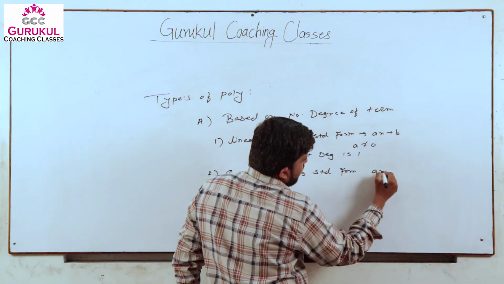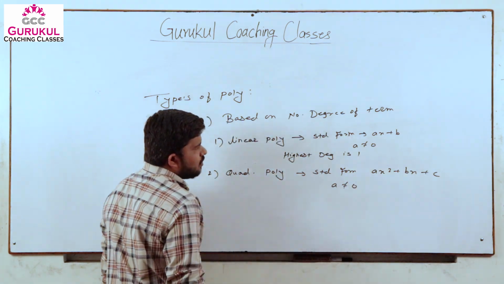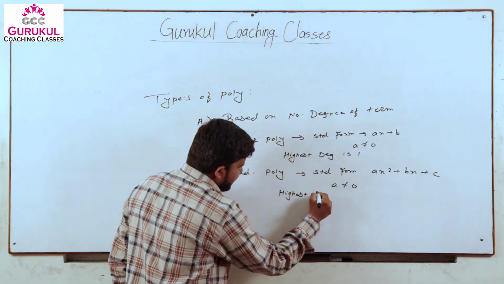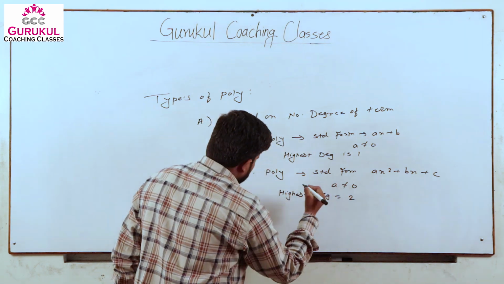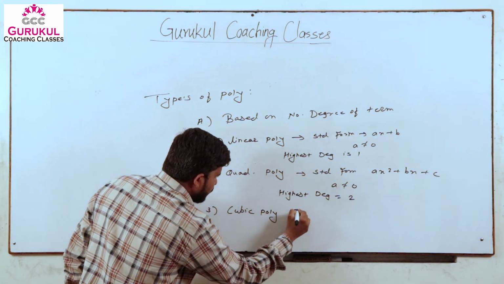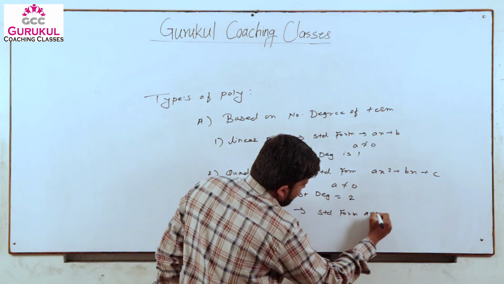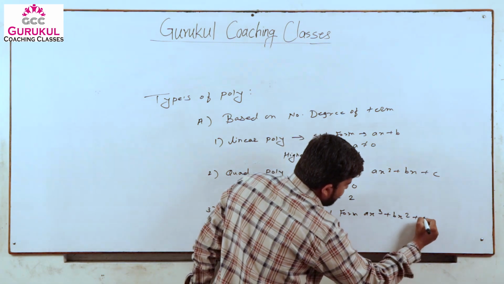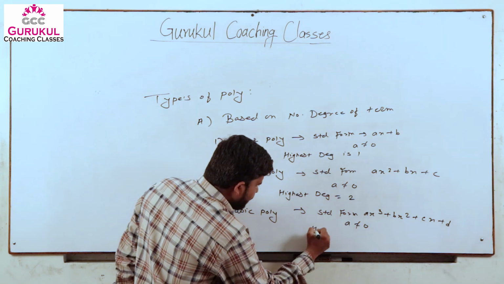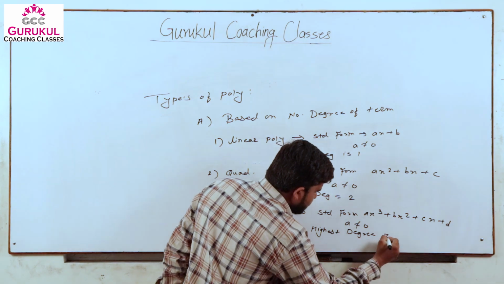Standard form: ax square plus bx plus c, where a is not equal to 0. Highest degree 2. And third one is cubic polynomial. It has standard form: ax cube plus bx square plus cx plus d, where a is not equal to 0 and highest degree is 3.